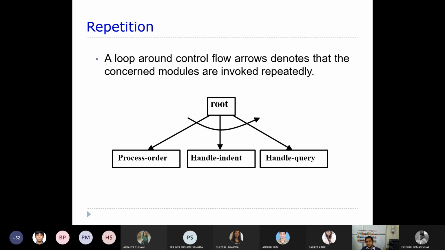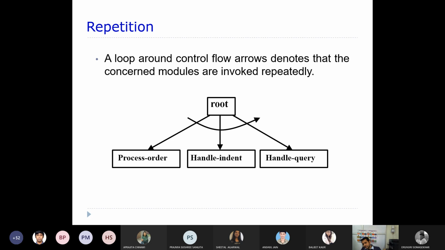Now, a loop around control flow arrows denotes that the concerned modules are invoked repeatedly. When you see this sort of loop over these edges, it represents that these modules are called repeatedly. But how often they are called, maybe 3 times, 4 times, 6 times, that information is not mentioned.